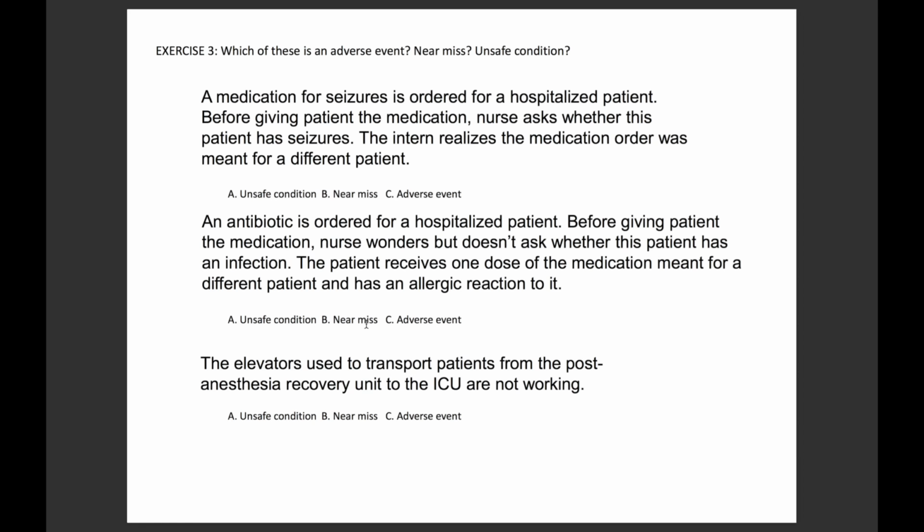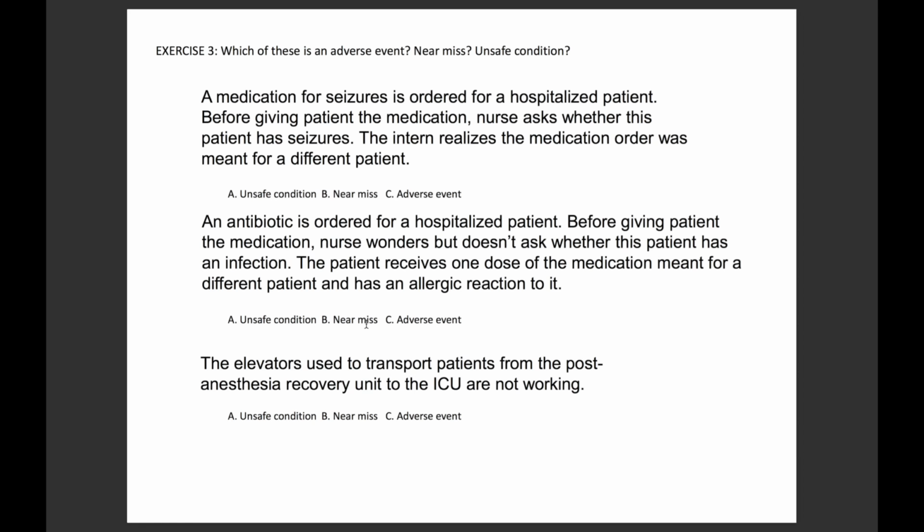The elevators used for transporting patients from the post-anesthesia recovery unit to the ICU are not working. So this is an example of an unsafe condition. But it needs to be reported as an unsafe condition. We actually had this at Rush, where an elevator was broken for a long time, and these elevators misfunctioned, and there was a child on ECMO coming from the operating room to the pediatric ICU, and the elevator was misfunctioning.